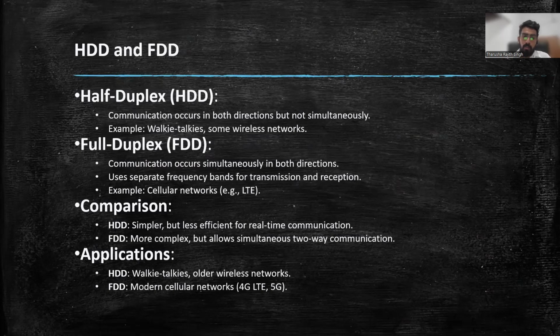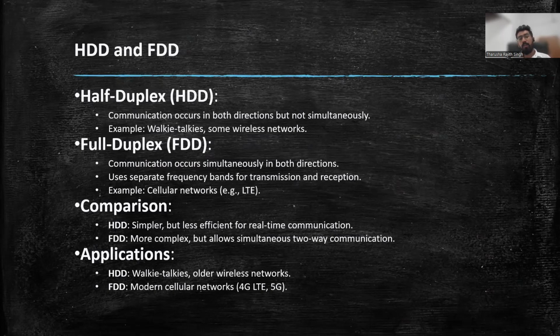In full duplex communication, communication occurs simultaneously in both directions. This is achieved by using separate frequency bands for transmission and reception. So FDD is widely used in cellular networks such as 4G LTE and 5G.